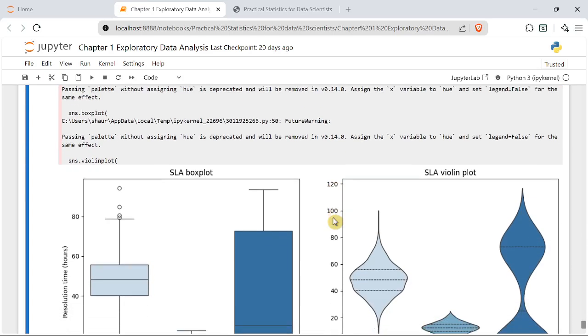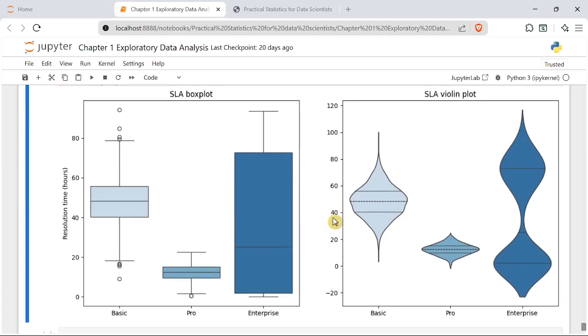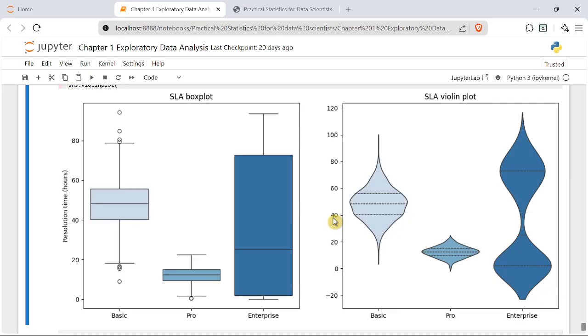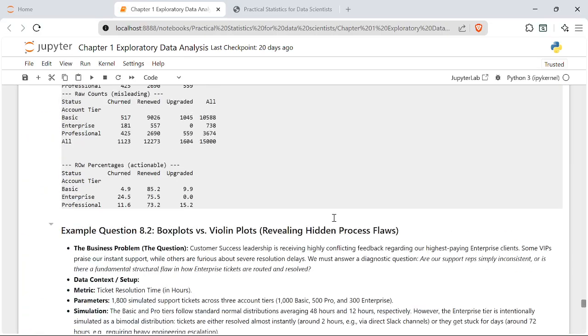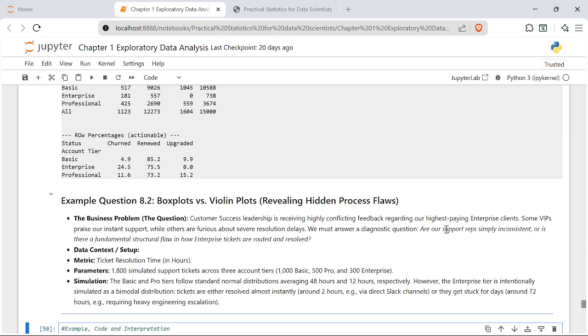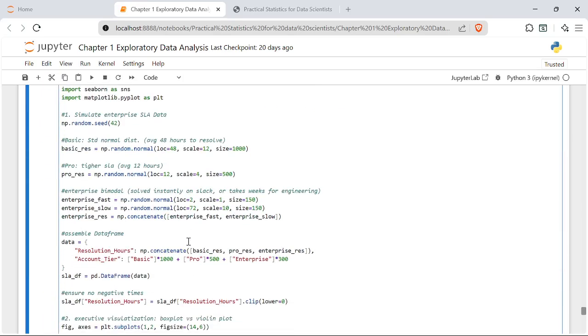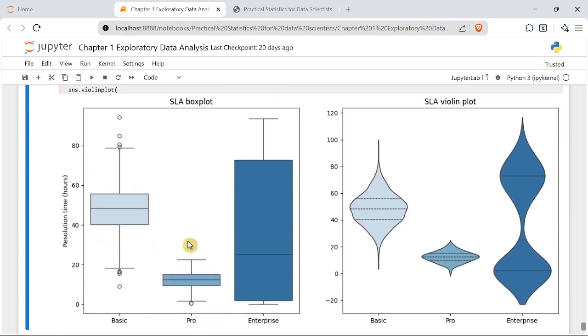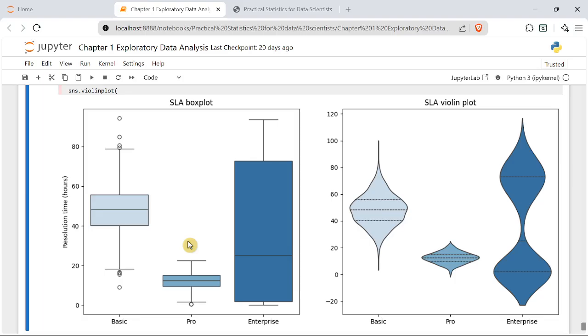Okay, so here is our interpretation. What we had to answer: are our support reps simply inconsistent, or is there a fundamental structural flaw in how enterprise tickets are routed and resolved? We have generated two plots, a box plot and a violin plot.